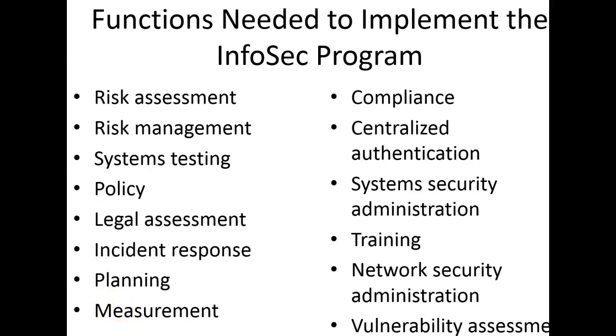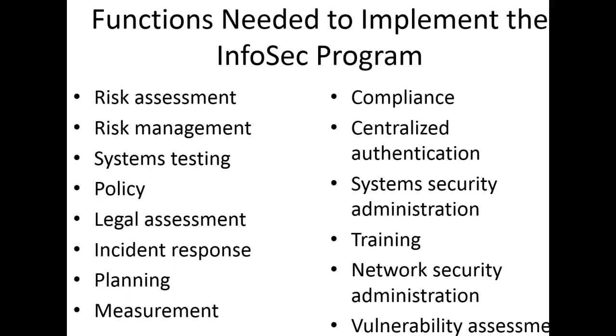Although the size of an organization influences the makeup of its information security program, there are some basic functions that should occur in every organization, and these functions should be included in the budget allocation.